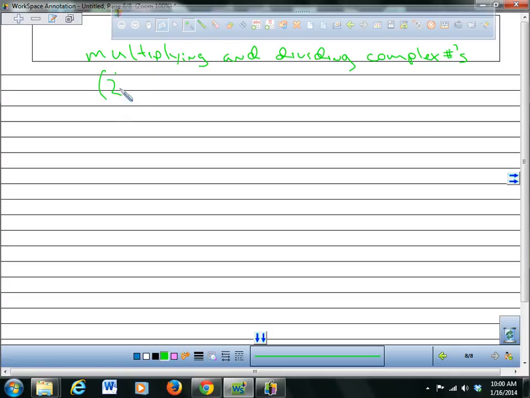So z1 times z2 is just equal to r1 times r2 times the cosine of theta 1 plus theta 2 plus i sine of theta 1 plus theta 2.